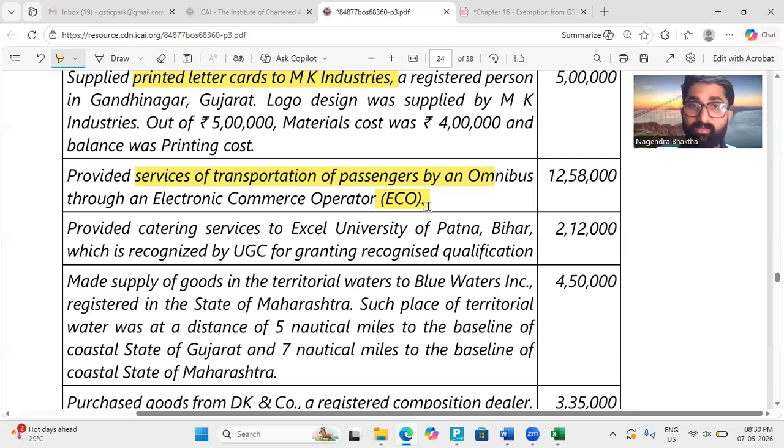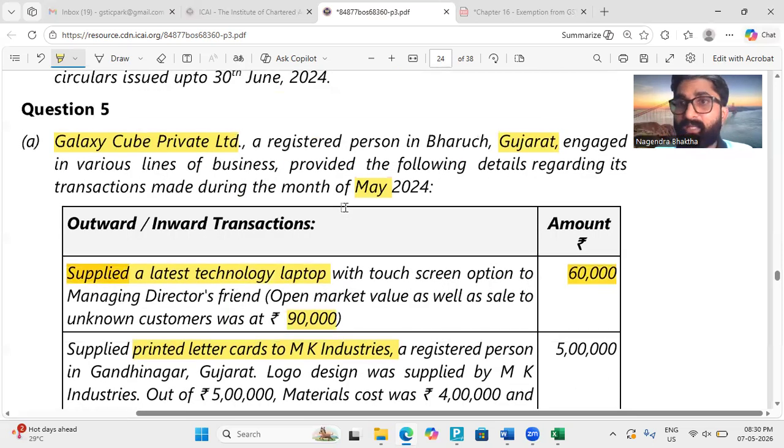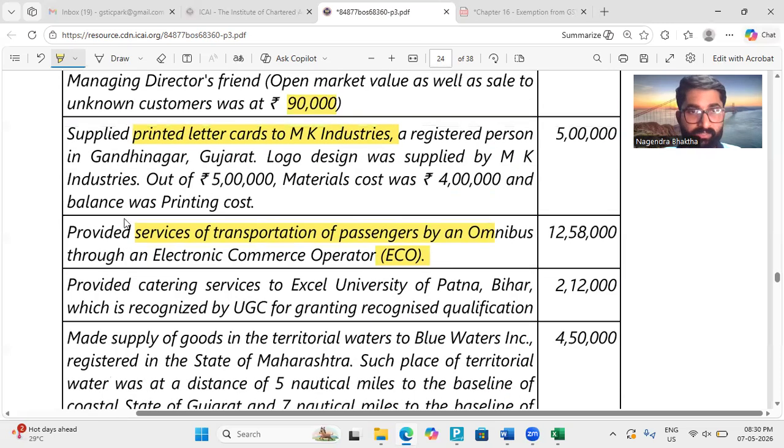Correct? Here, omnibus service is provided by whom? Galaxy Cube Private Limited. So the service provider is omnibus and a company. As it is a company, the company has to collect the GST. Here, the company should collect GST on 12,58,000.